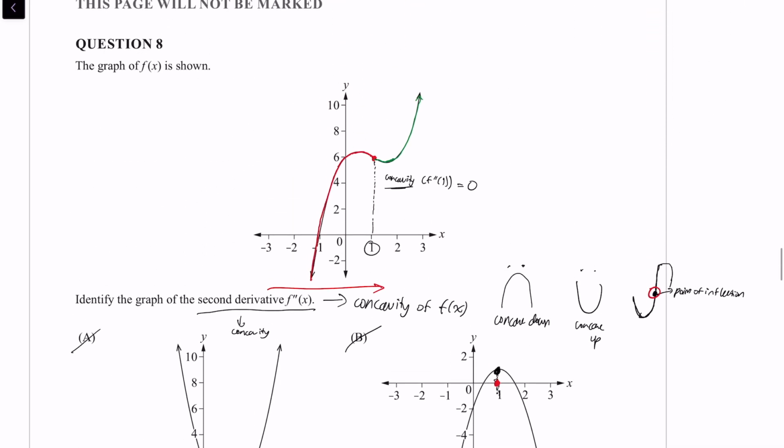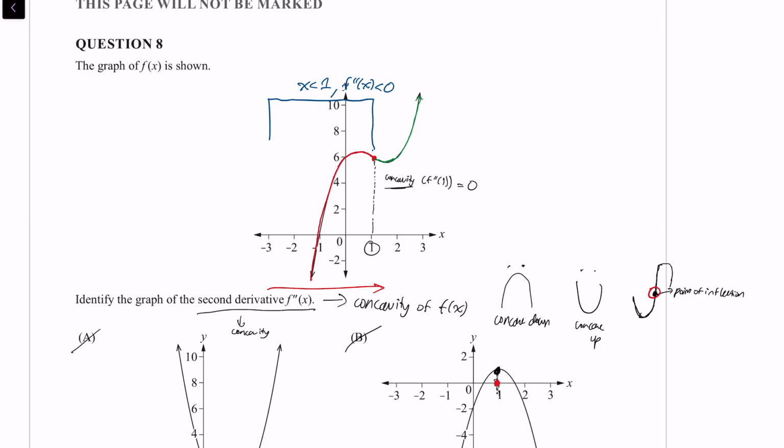So we know that for x less than 1, the concavity is concave down, so that means our concavity is going to be less than 0.